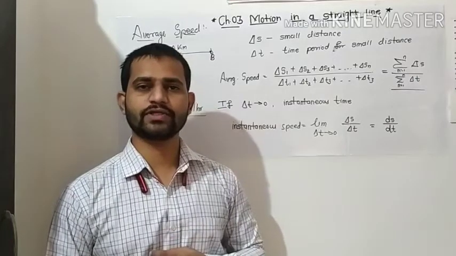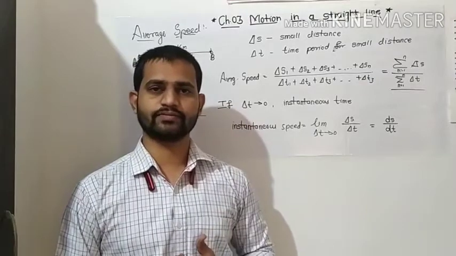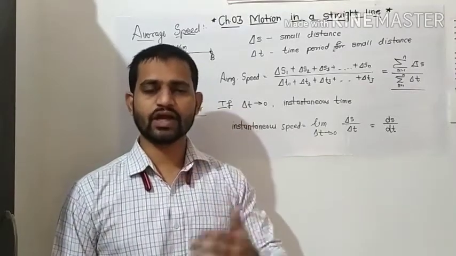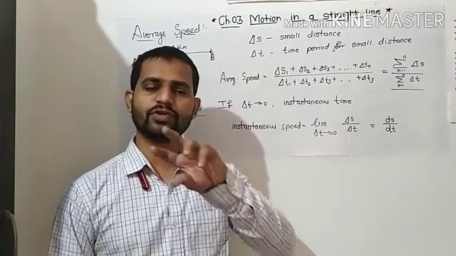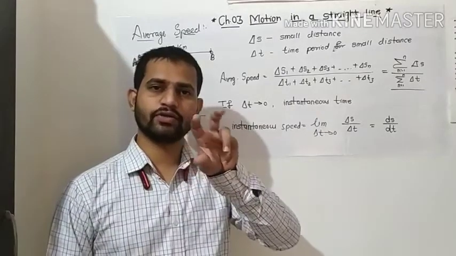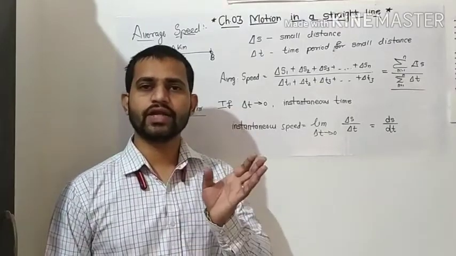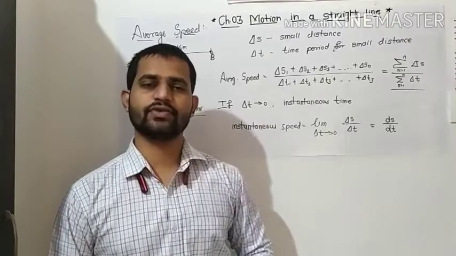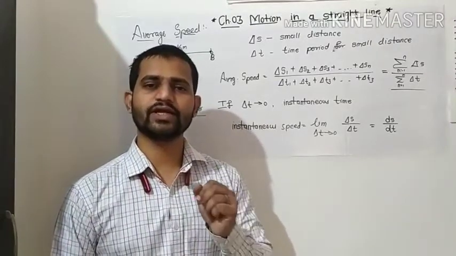If you see the speedometer, when you go in a crowded area and reduce your accelerator, the speedometer shows a low speed. The hand of the speedometer will come down. But when you are on a blank road and you increase your accelerator, your speed will increase.